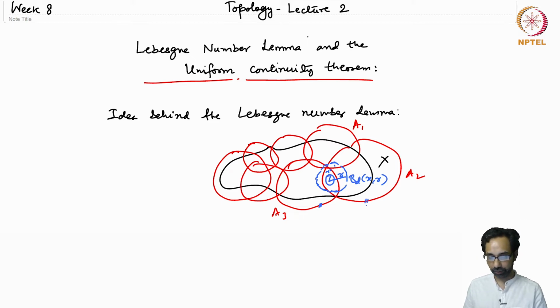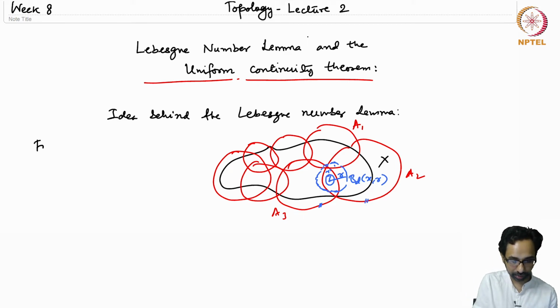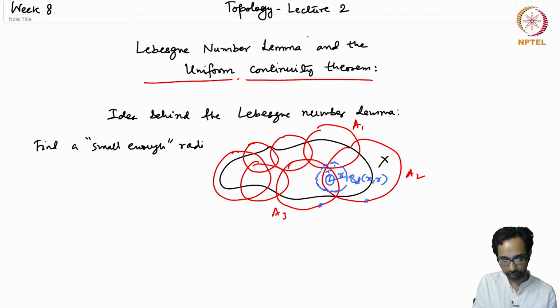So this is the idea of the Lebesgue number lemma: to find a small enough radius delta, such that the metric ball with any center X and radius delta lies in some Ai for some i.